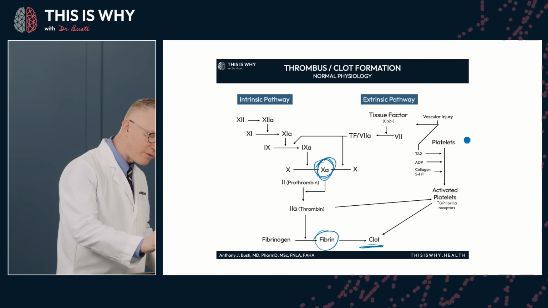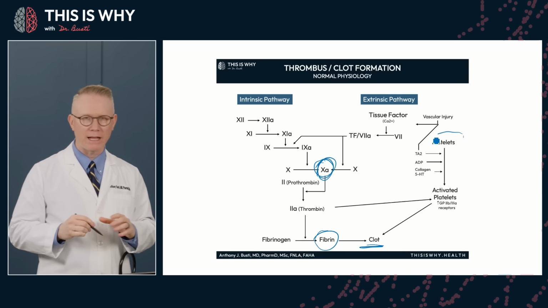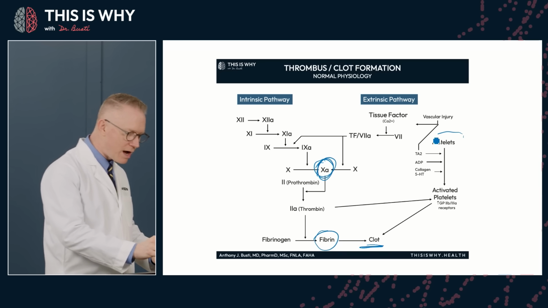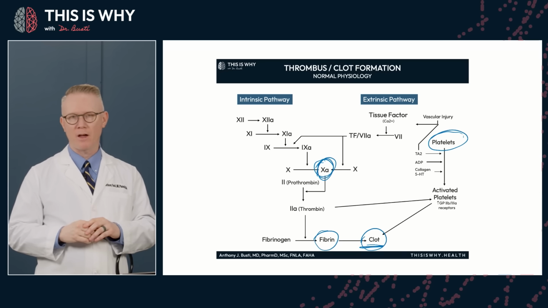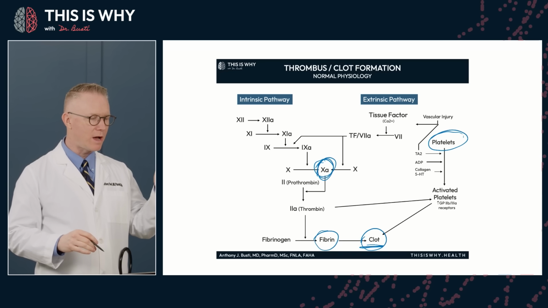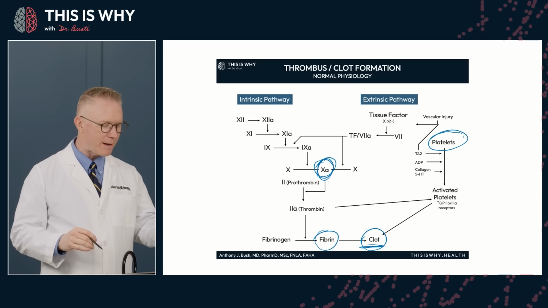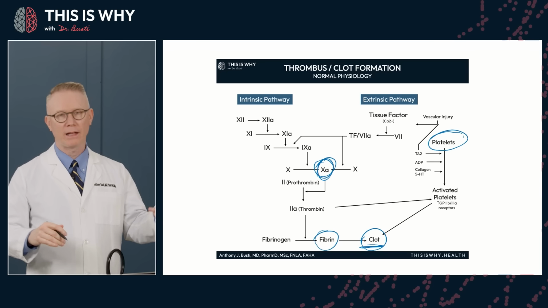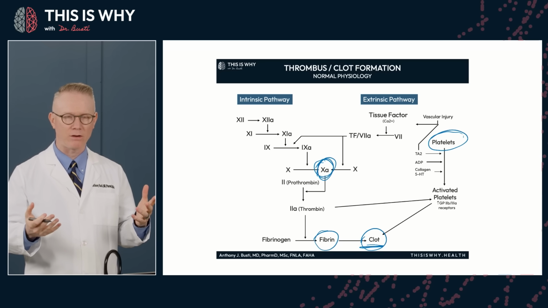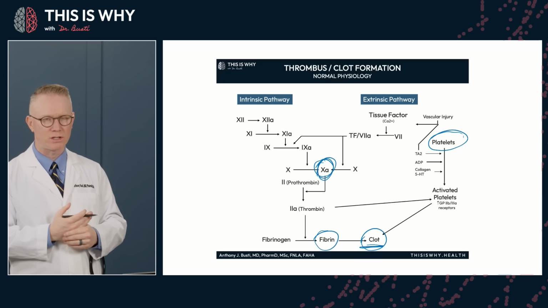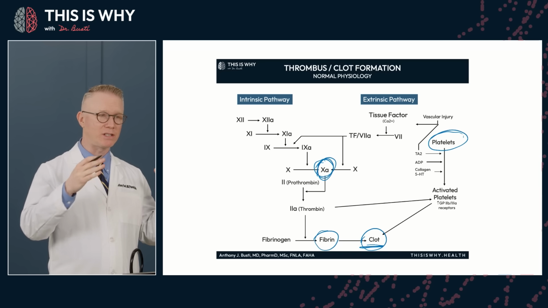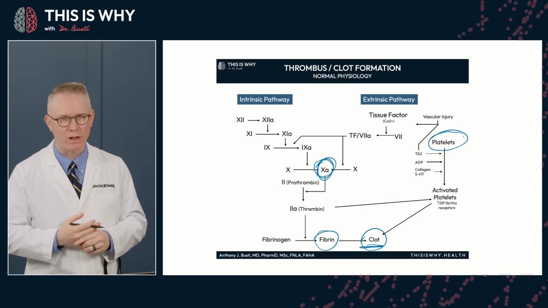But please do not forget the presence of platelets. All clots or thrombi are made up of more than one thing. You've got red blood cells, you've got fibrin, you've got platelets, all of that mixed together. Now they vary in their concentrations and distributions based on the type or where the origin of the clot came from.